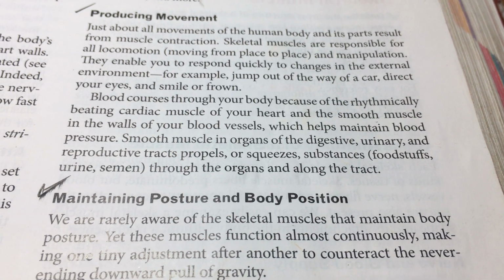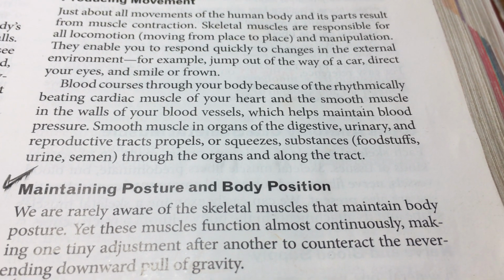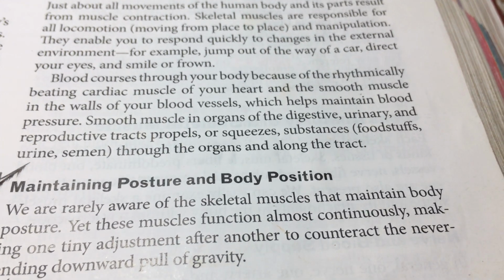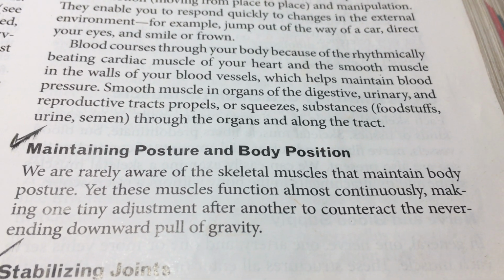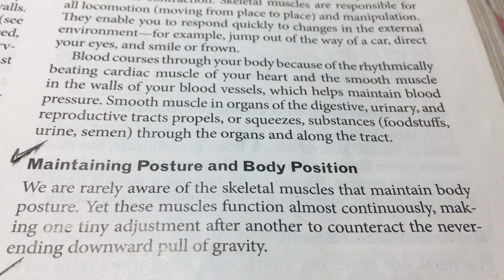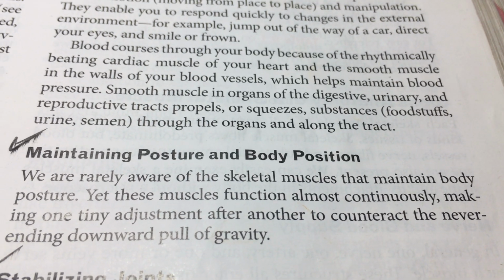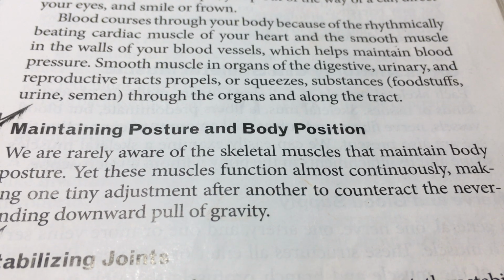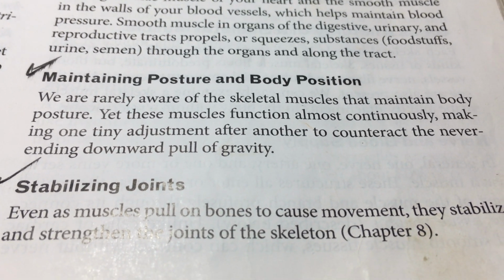Okay, sometimes you lift your arm in order to do something like writing at the blackboard, right? So your hand has to be in the position at the correct height so that you can actually do what it is that you're doing at that location with the hand, right? So positioning the body is important.